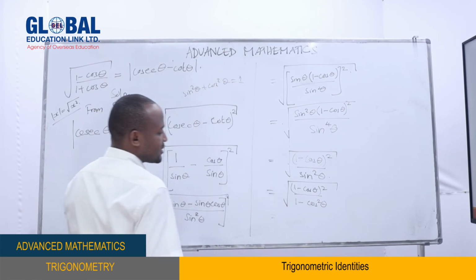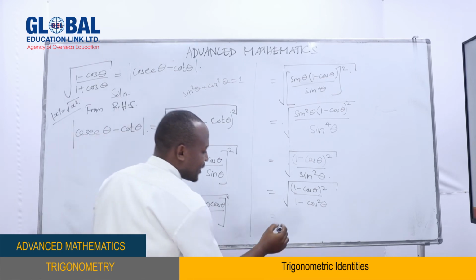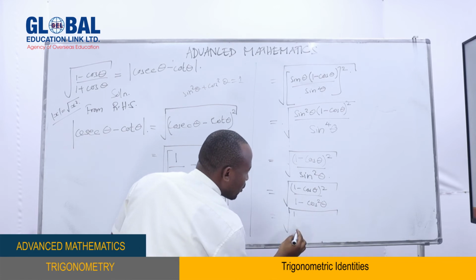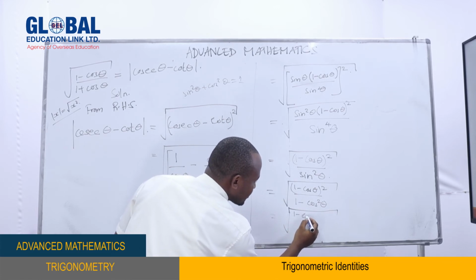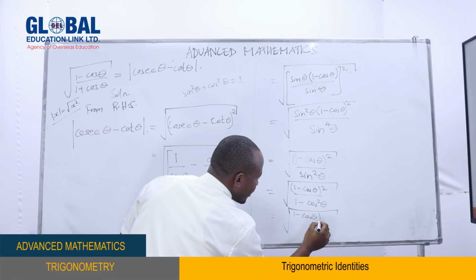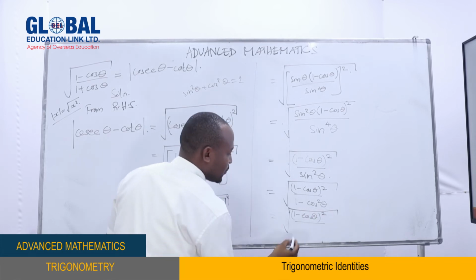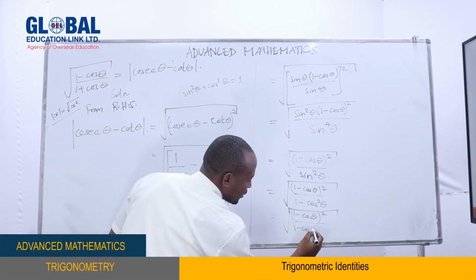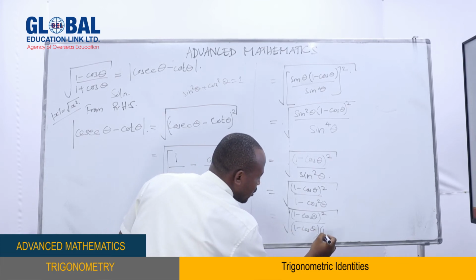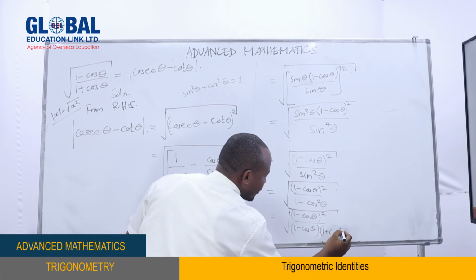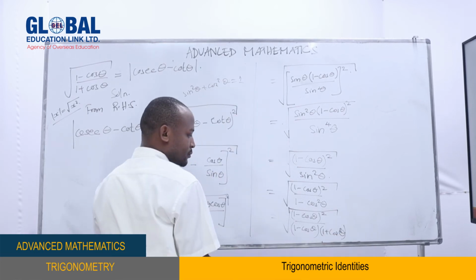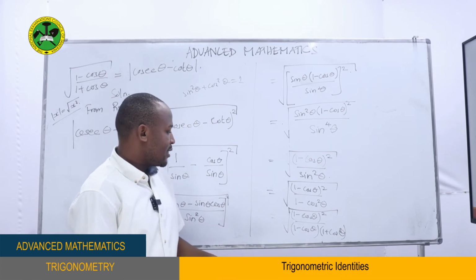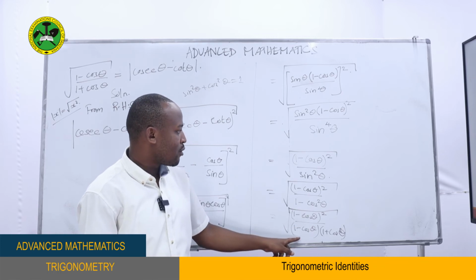Now you can see there, these are a difference of two squares. That means we are left with (1 minus cos theta) squared over (1 minus cos theta)(1 plus cos theta). We have 1 minus cos theta doubled up there, and one down here.